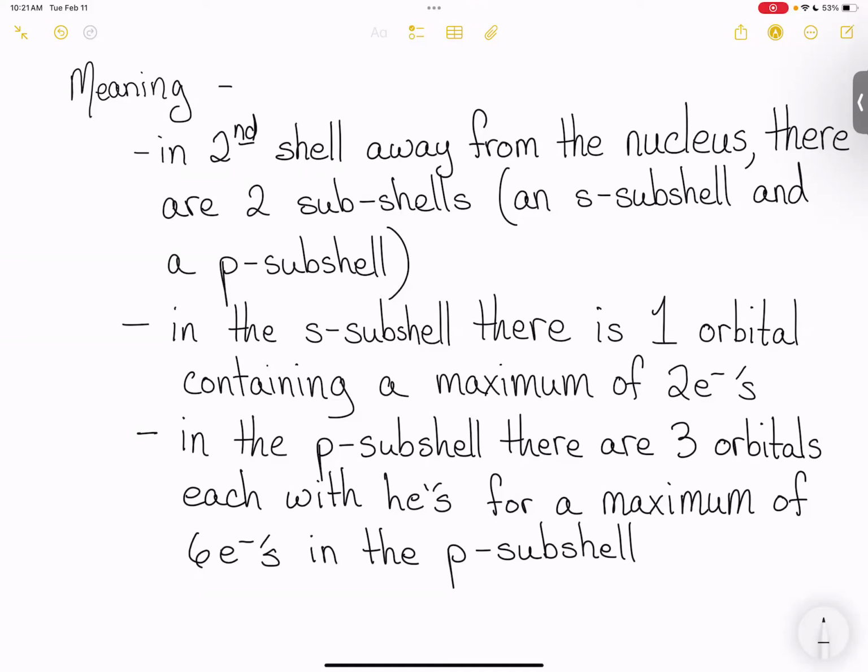In principal quantum number 2, there was the P subshell. And the maximum number of electrons allowed in the P subshell was 6: 1, 2, 3, 4, 5, 6. This is the P group of the periodic table.